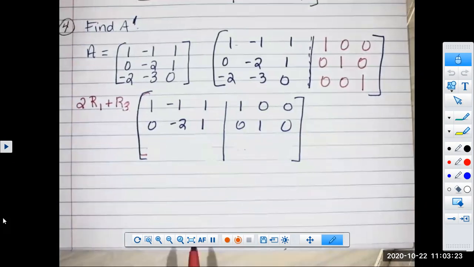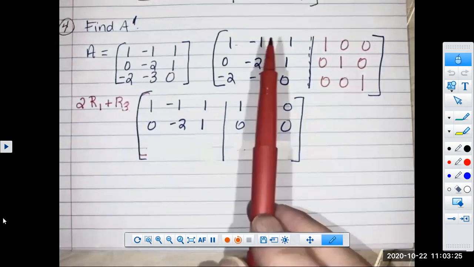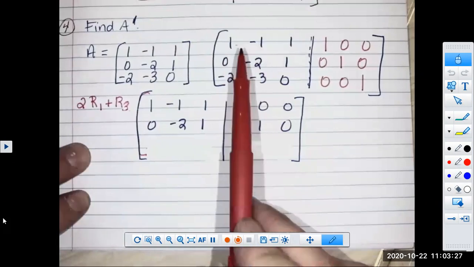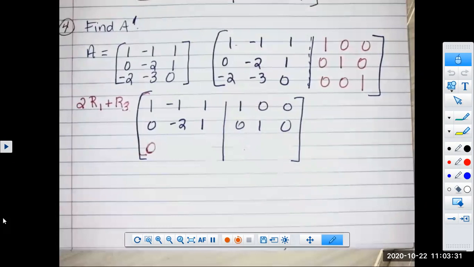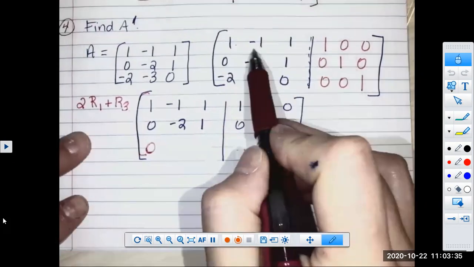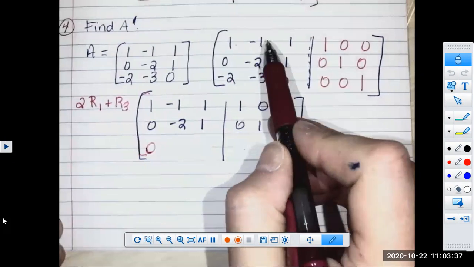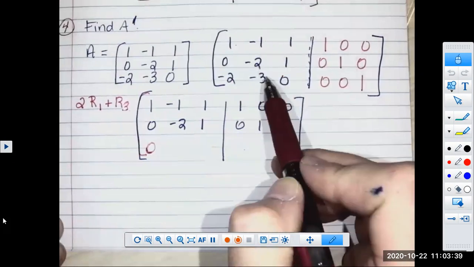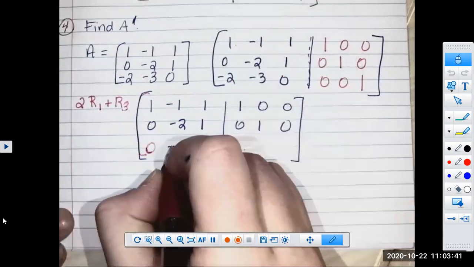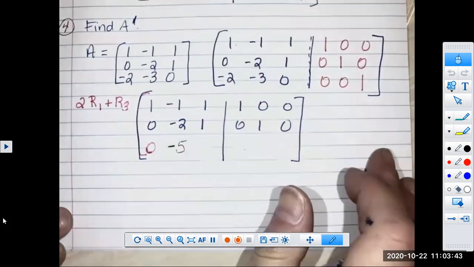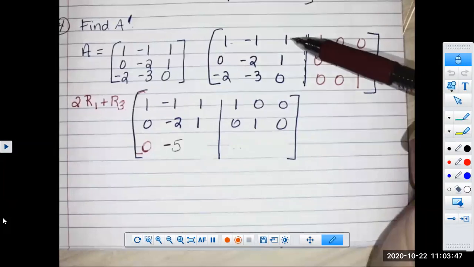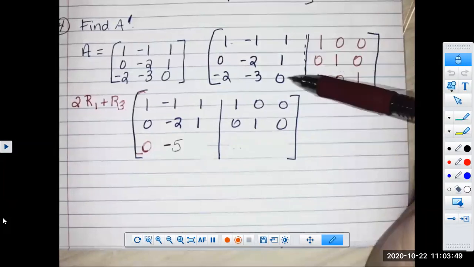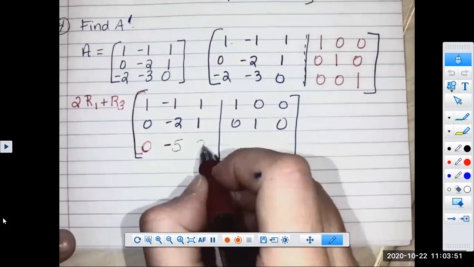Okay. This times 2 plus that will give you 0, which is what you want. This times 2 is -2 plus -3, -5. That times 2 plus 0, 2.